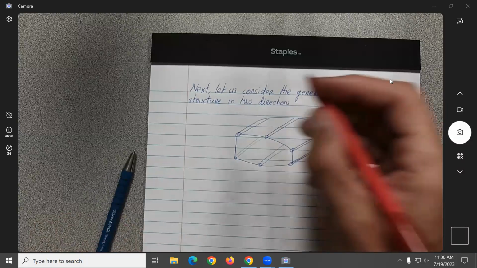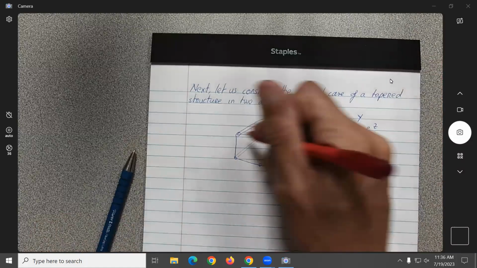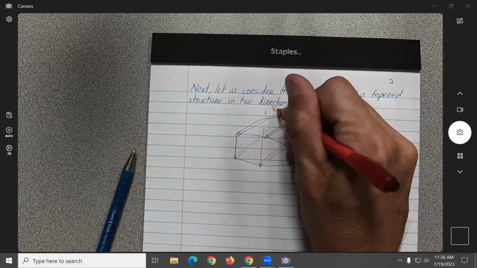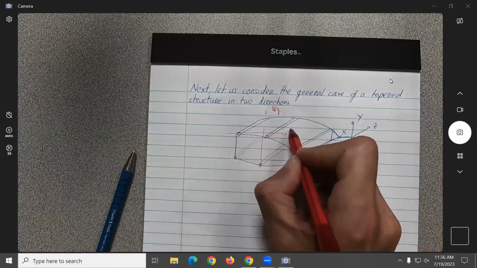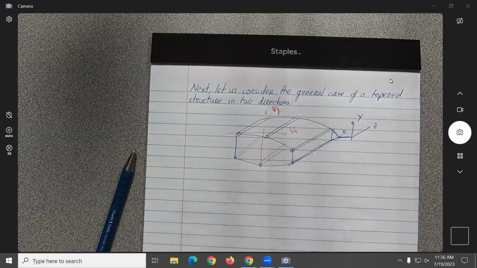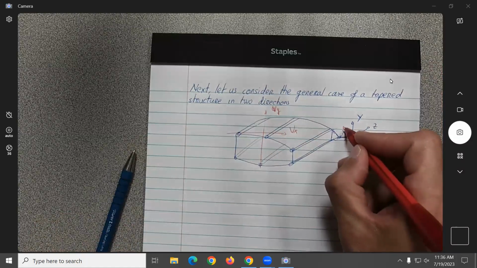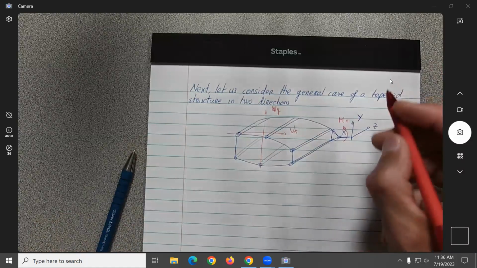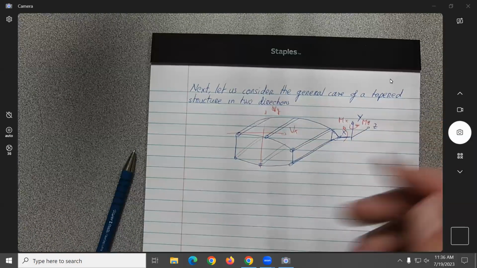Let's say it could be subjected to bending moments, F. This could be subjected to Vy. Let's say it could be subjected to a Vx. All right, and we could have, let's say, a bending moment Mx, and so on. We could have a bending moment My. And we could have even torsion, okay?